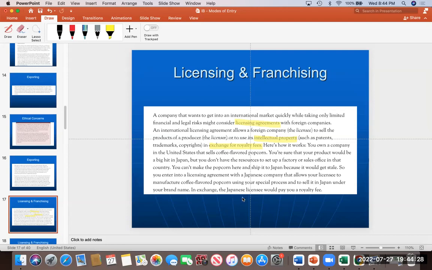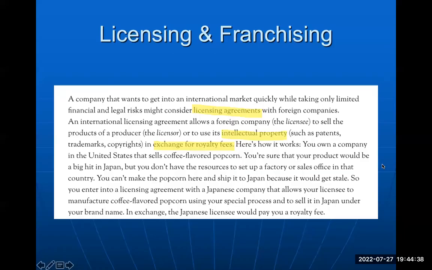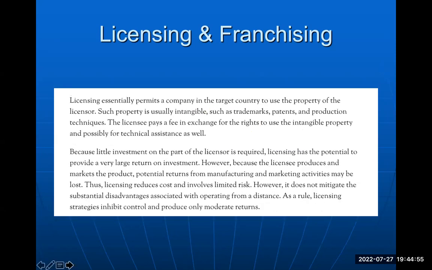In exchange, the Japanese licensee would pay you a royalty fee. Is that clear? Do we understand? Yes, sir.